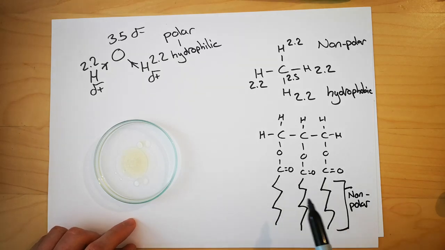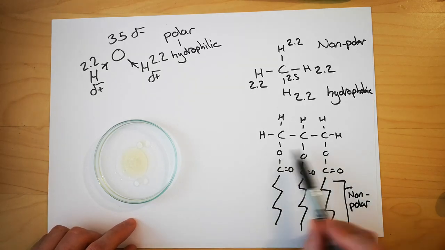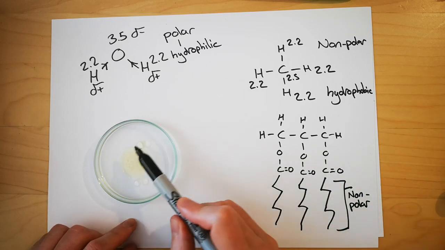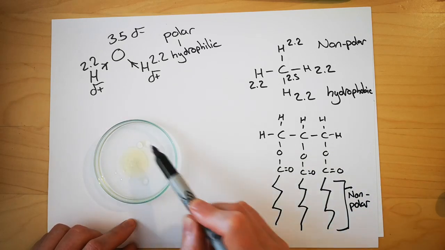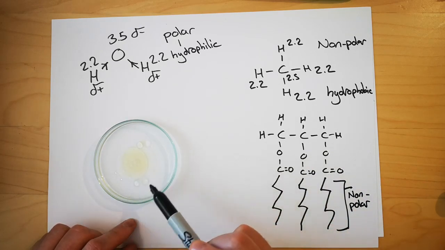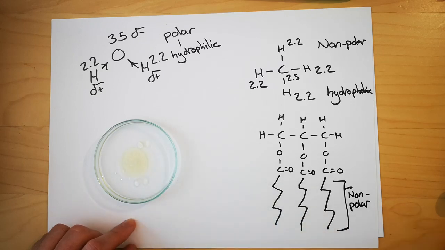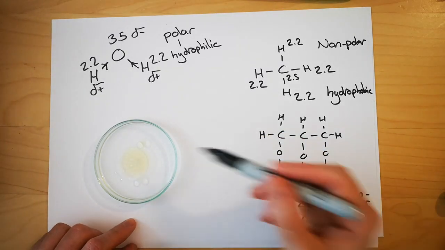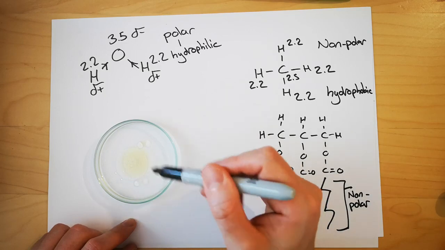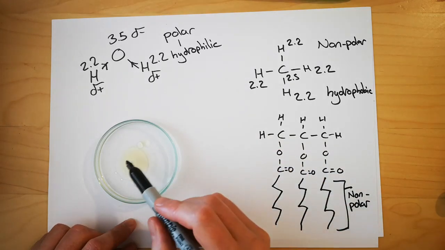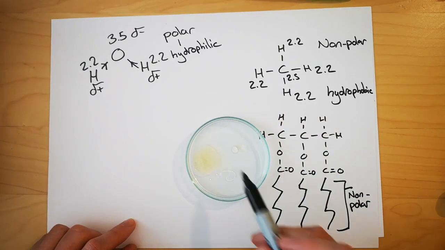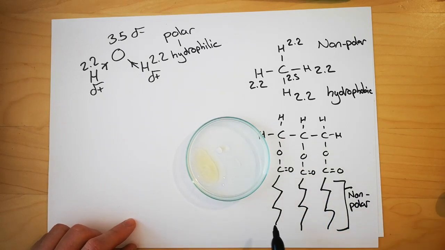If we've got any interaction at all with the water, it's going to be created by this little bit here. So if we had an electron microscope, what we might be able to see is the fatty acid chains being forced into the center of our little bubble of oil that we've got here.